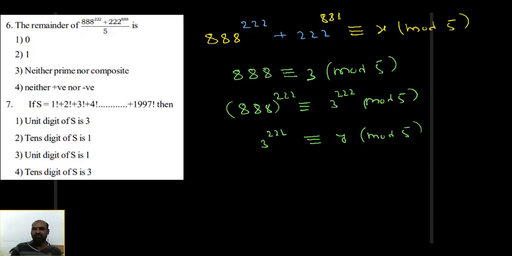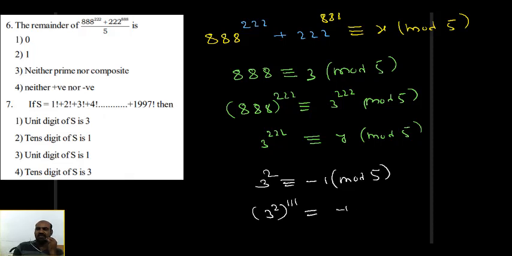So do one thing, students. Try to find a relation between 3 and 5, meaning try to identify a smaller exponent of 3 so that the number divided by 5 leaves remainder either 1 or minus 1. I can say 3 square is congruent to minus 1 modulo 5, obviously.